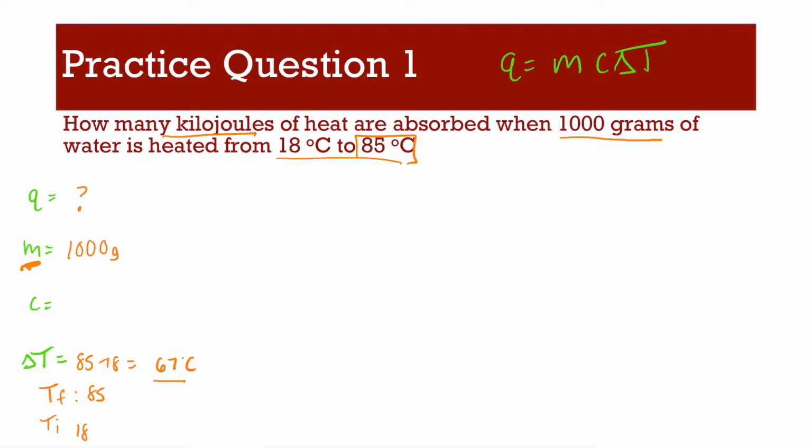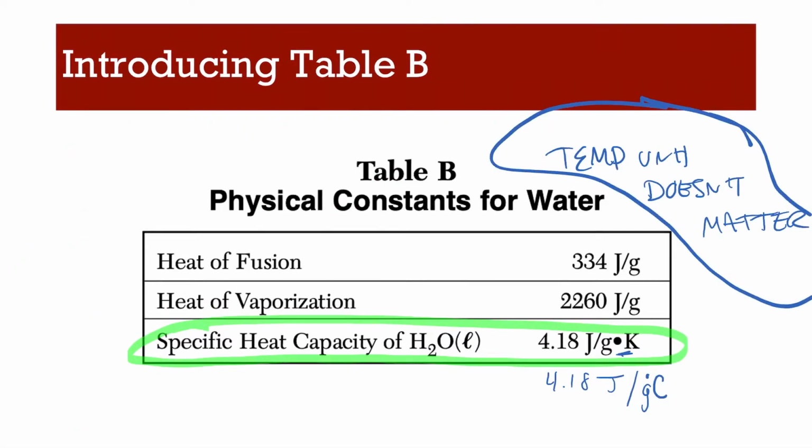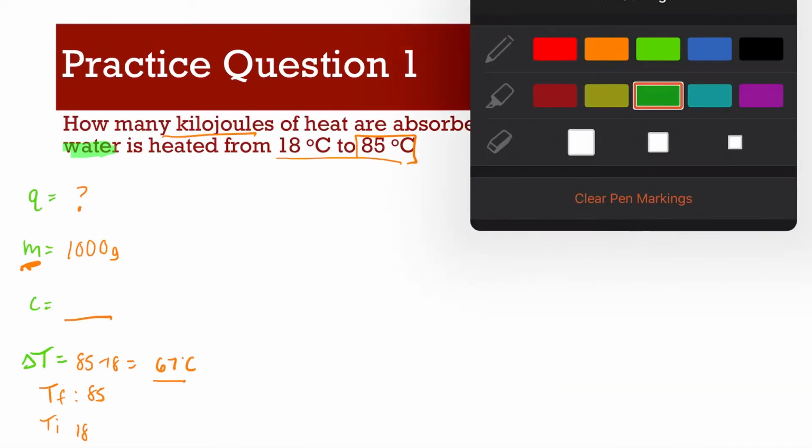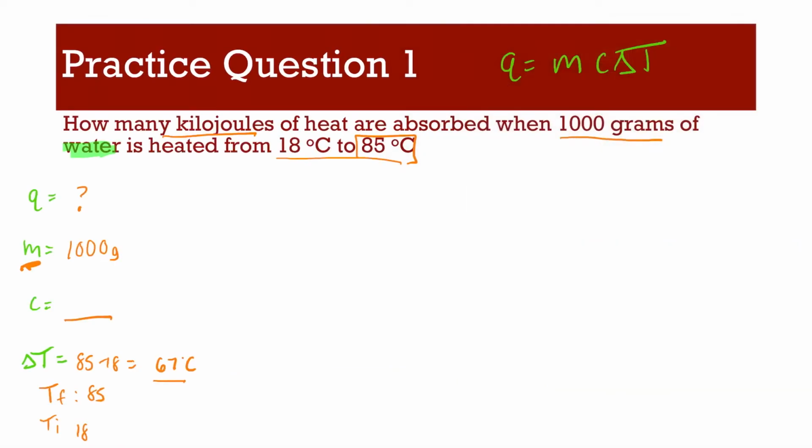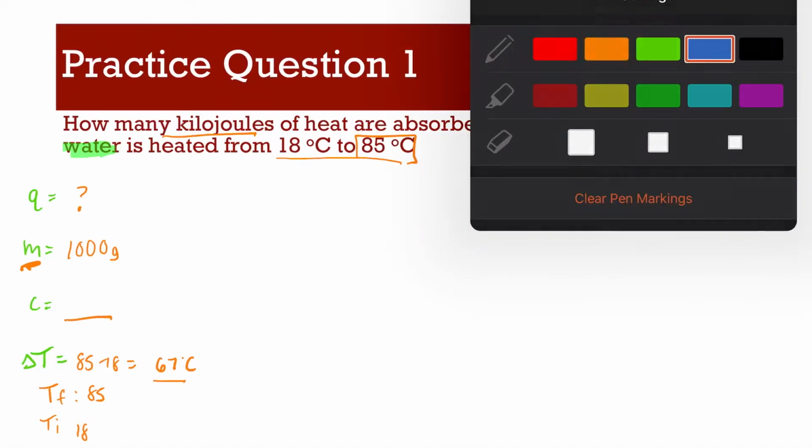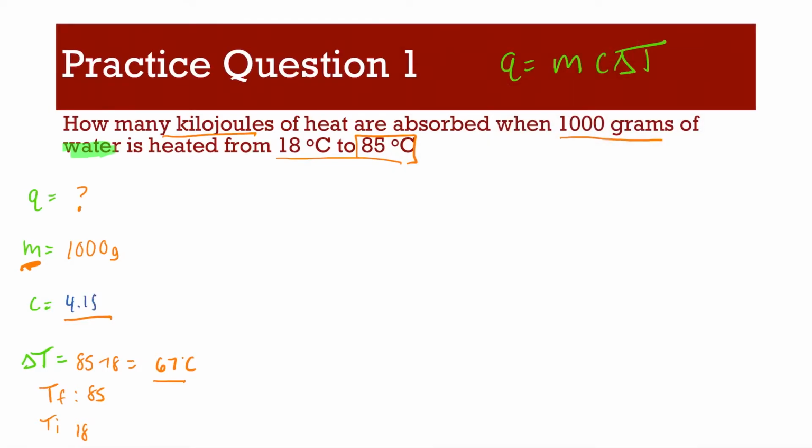And so now we have that, but we're still not given C. But the clue in the question said we were given water. So according to table B, remember, the specific heat capacity for water is 4.18. So we can add that right now. So 4.18, and the unit is joules over gram degrees Celsius. So that comes from the reference table.